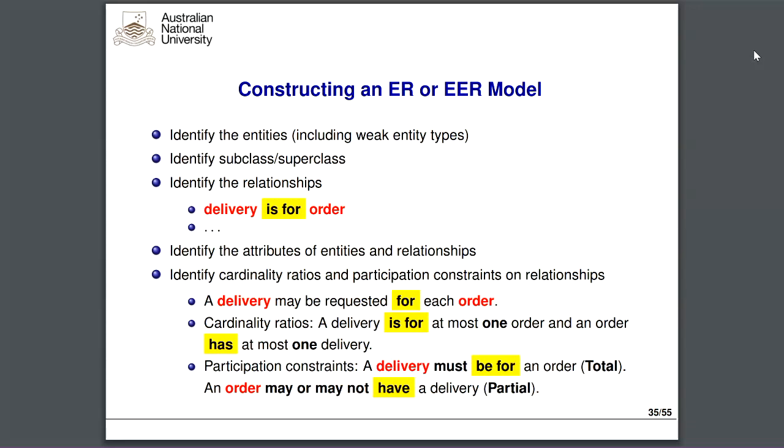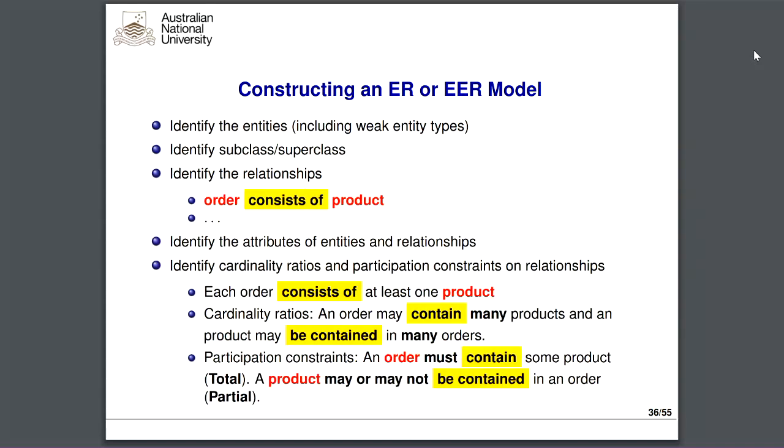And then similarly, you look into, as I said, this is for the participation constraints. This is cardinality ratios. Look into the cardinality of the sets. So this is what I just mentioned about the participation.